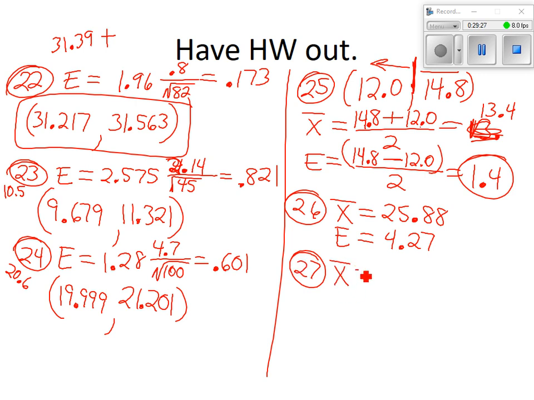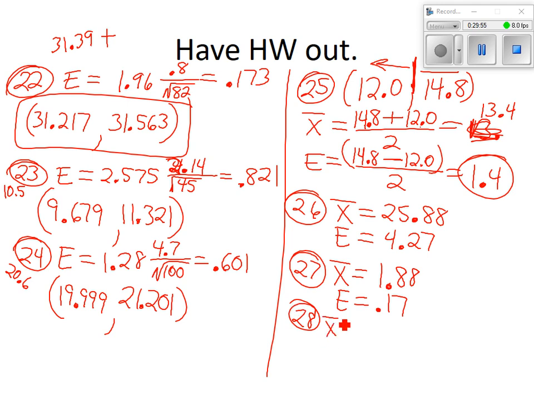Anybody get 27 yet? What's X bar for 27? 1.88. Yeah. What's the margin of error? 0.17. Everybody agree with those two? 28, same kind of setup, right?